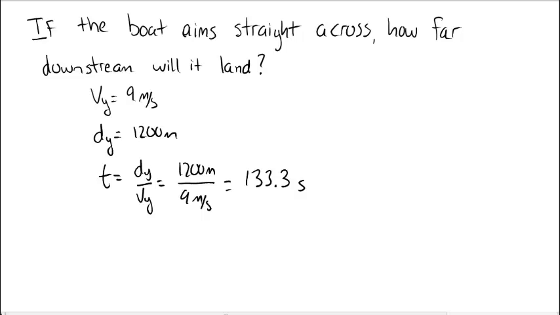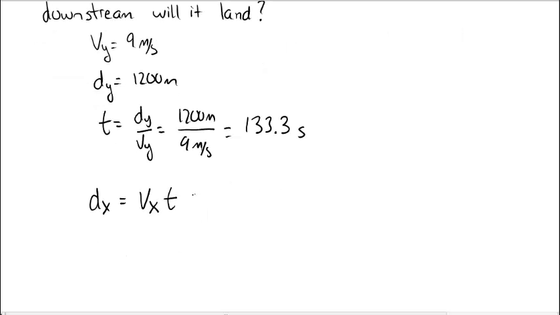Now this whole time that it spends in the river crossing, getting to the side, the river is also pushing it downstream. So for every second it spends there, the river keeps pushing it down at 4 meters per second. So if the boat spends 133 seconds in the river, it's pushed downstream at 4 meters per second that entire time. So to find the distance downstream, the horizontal distance, I take the horizontal speed, which is the speed of the river, times the time that it spends in the river.